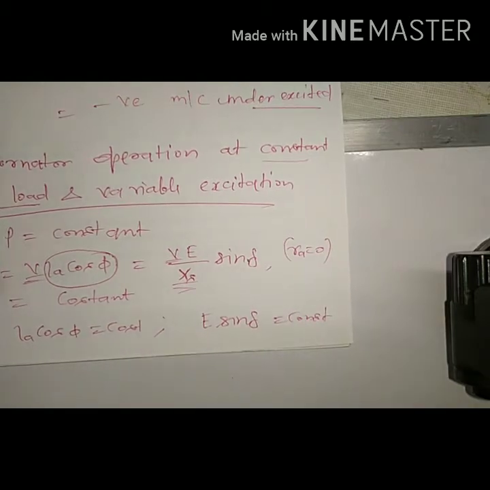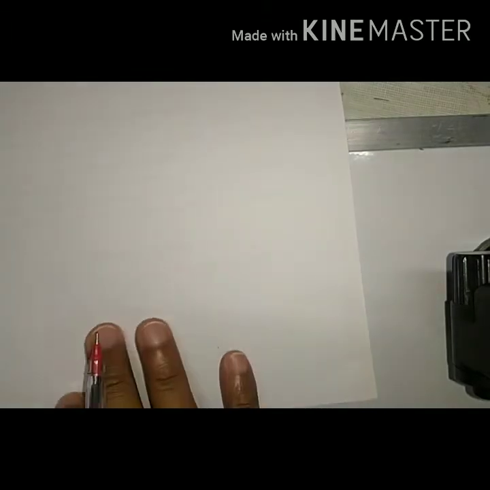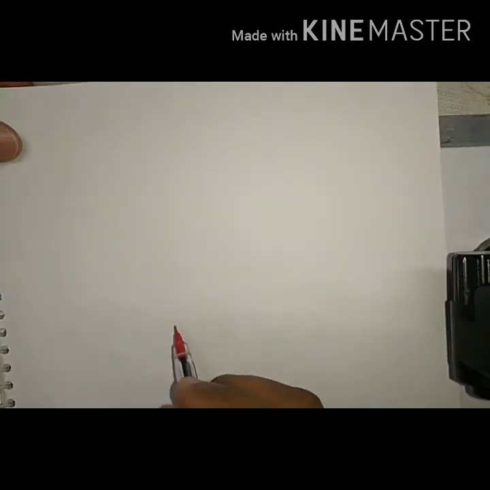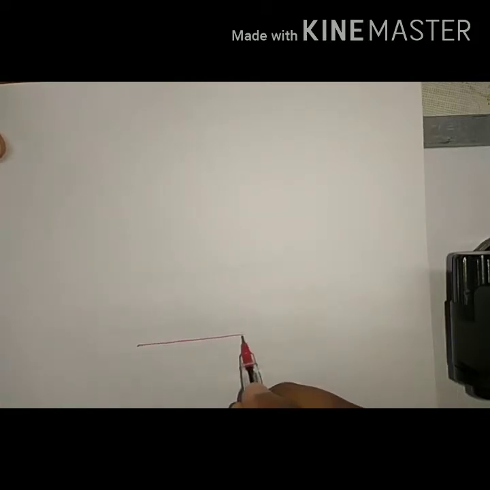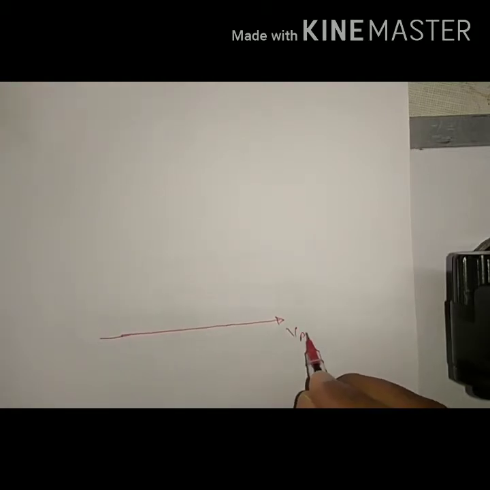So let us see how the phasor will change for different operation when we are operating alternator at leading power factor, lagging power factor and unity power factor. So I have a phasor, this is the phase voltage.